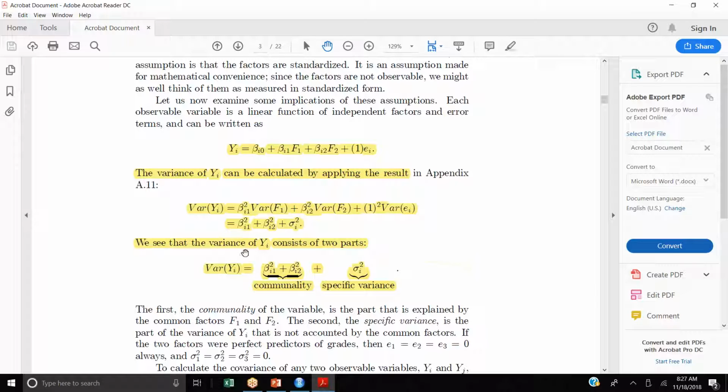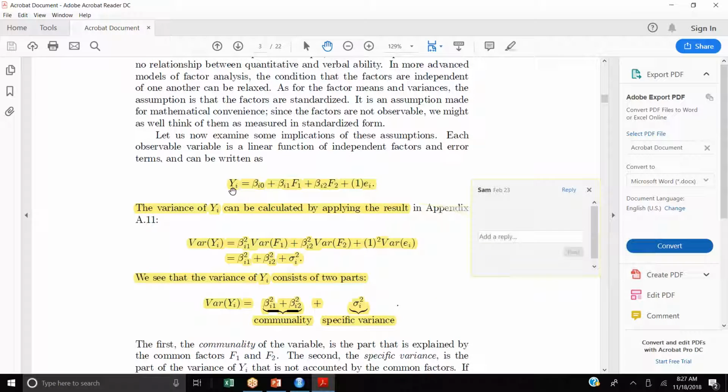So what is happening here is that for each of the yi observation, if you calculate the variance, then the constant, you square it, and in fact, the variance of a constant zeroes out.